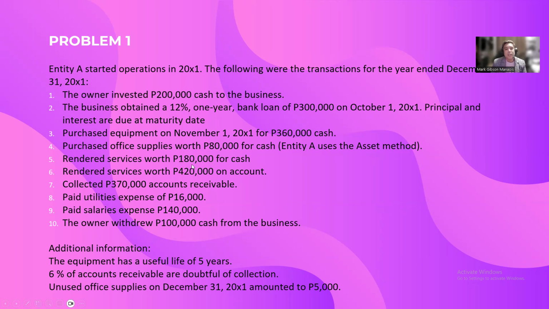Rendered services worth 180,000 cash. Rendered services worth 420,000 on account. Collected 370,000 accounts receivable. Paid utilities for 16,000, salaries for 140,000. The owner withdrew 100,000 cash from the business.